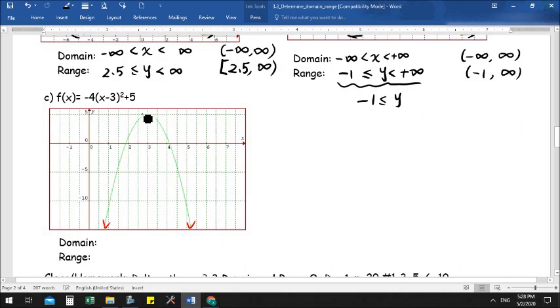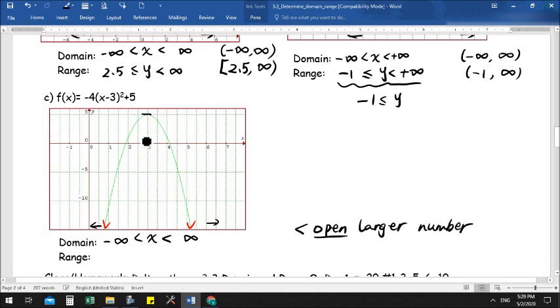So this one goes left and right, keeps going, so -infinity, +infinity, less than x, less than x. This one has an opening on this side, the open side is the larger number. It's the less than sign.